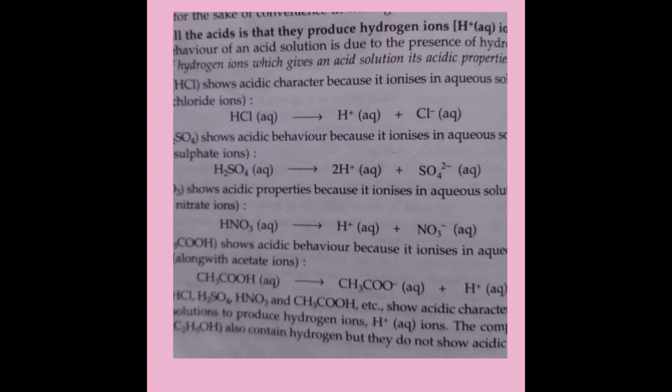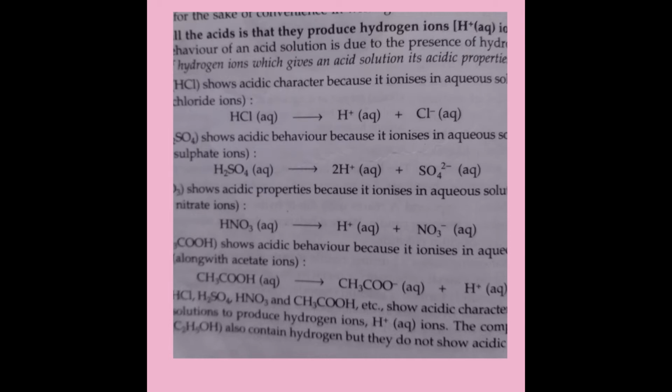Nitric acid, HNO3, shows acidic properties because it ionizes in aqueous solution to release hydrogen ions H+ and nitrate ions. HNO3 gives rise to H+ and NO3-. Till now we have seen a few examples of strong acids. Let us see a weak acid.